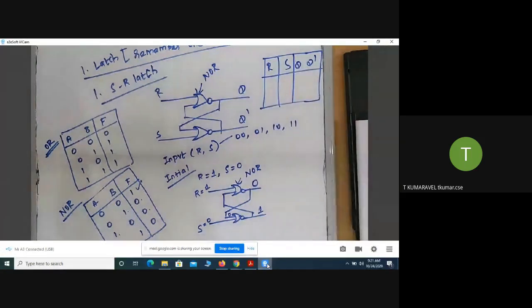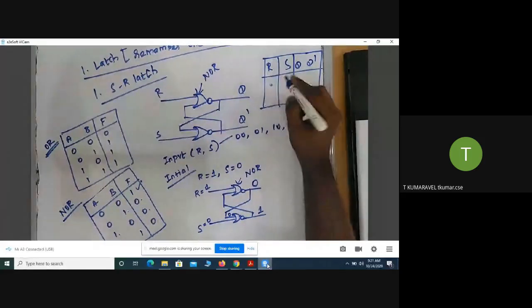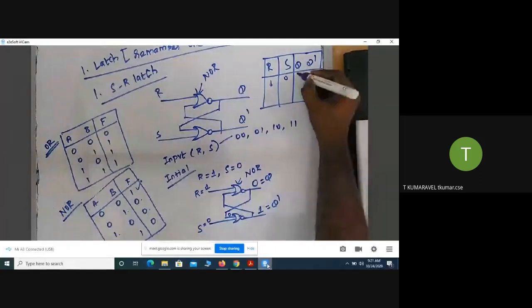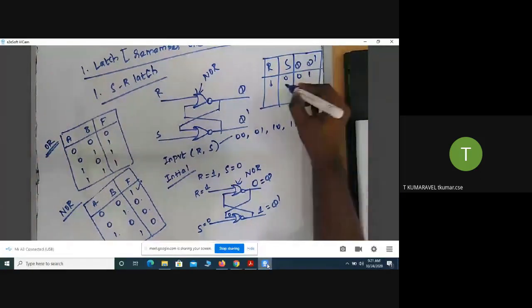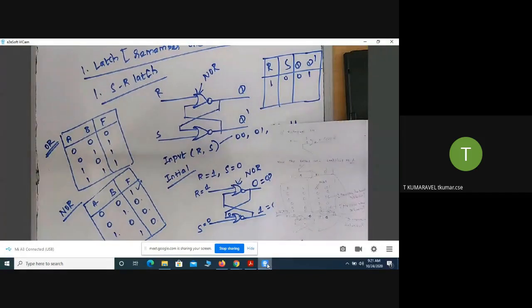What is the input combination? R equals 1 and S equals 0. This one is Q, this one is Q bar. Q equals 0 and Q bar equals 1. Is it okay for you?